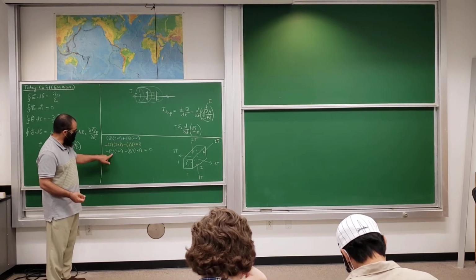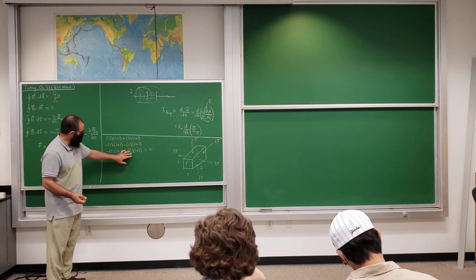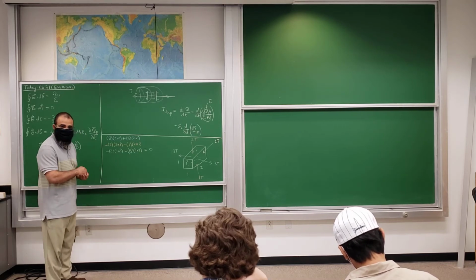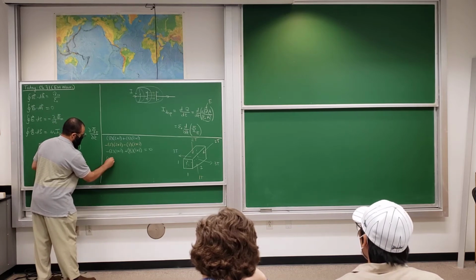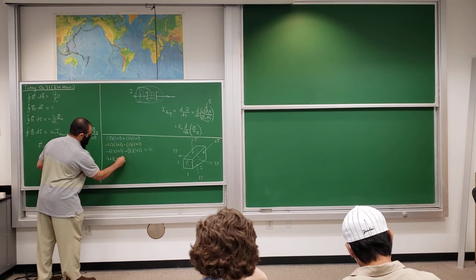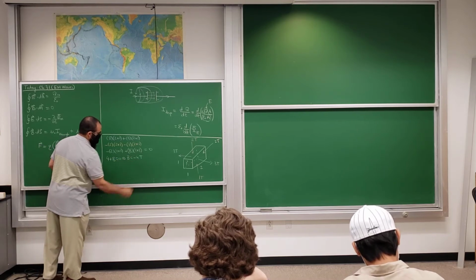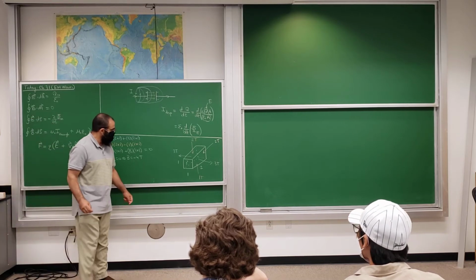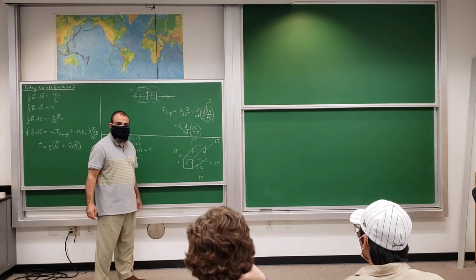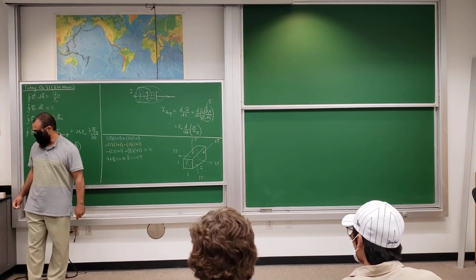And minus another 2 is 4. So 4 plus B is equal to 0, and therefore B will be minus 4 Tesla, right? So what does this mean? You got 4 Tesla entering. So that's the answer.